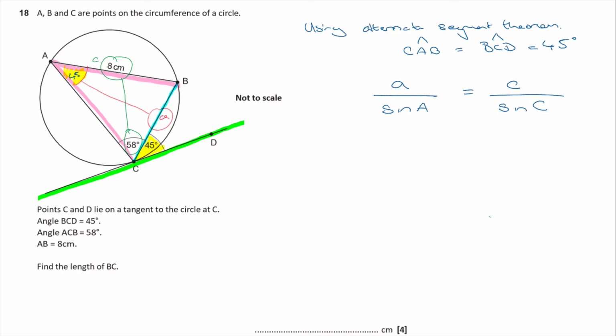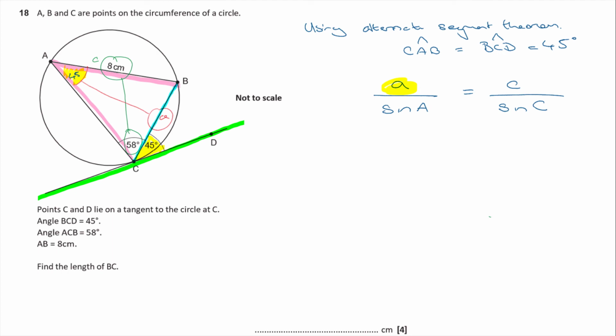Okay, because you can write it as sine A over A is equal to sine C over C, or the other way up. So because I want to find A, I've put A at the top, and because I've got side C, I'm going to have the A part and the C part and not bother with the B part. Okay, so now I've formed the sine rule version I'm going to use.